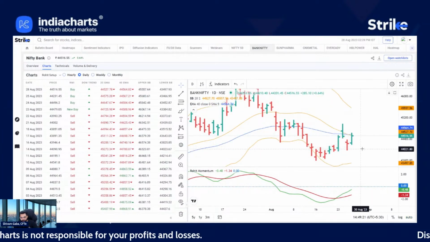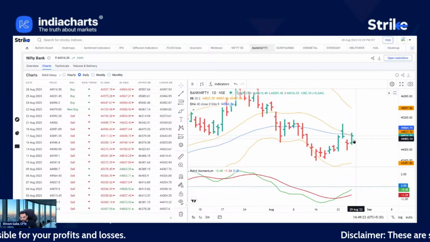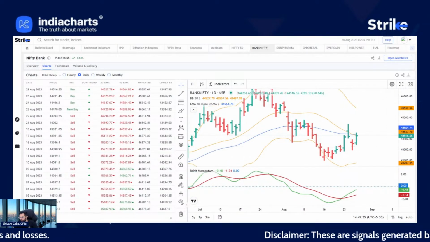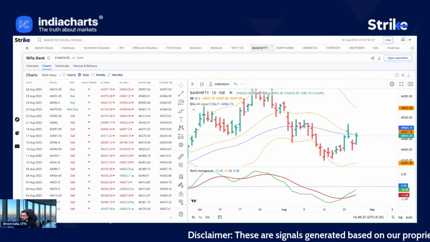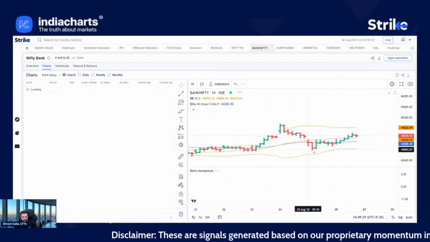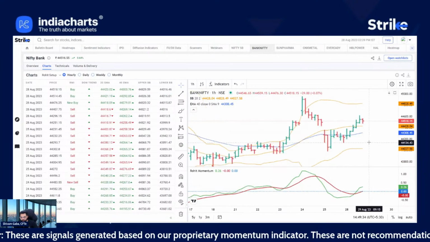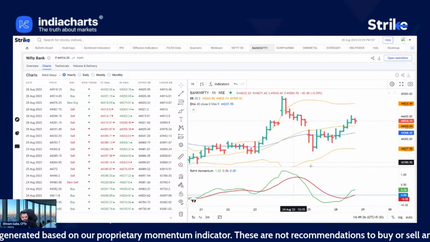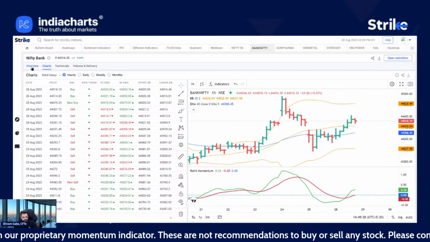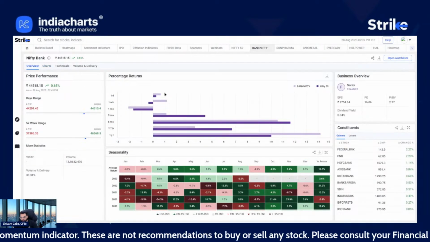So Bank Nifty is looking stronger, and the setup gets even better if it closes above these levels. If we go to the hourly, all parameters are already holding well because it is trading above the hourly averages and signals are holding. So Bank Nifty is looking better than Nifty as of now.